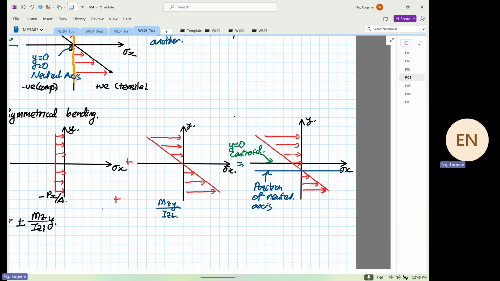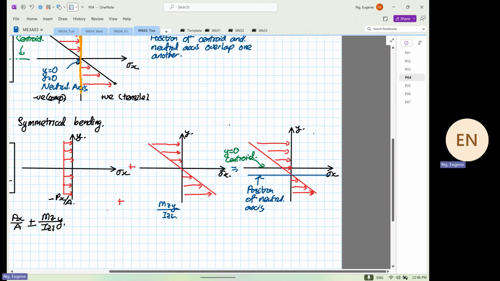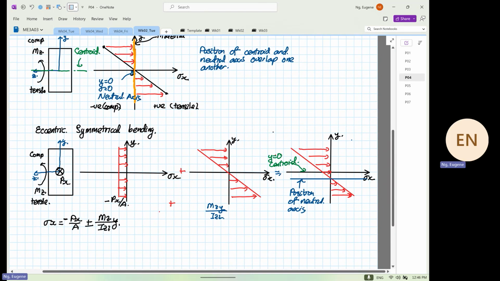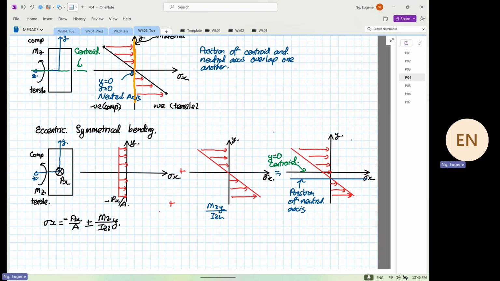Centroid. Okay, so for this case, where we have eccentric symmetrical bending, we realize that the centroid and the neutral axis are not the same. A lot of times you see other examples, they'll say it's the same thing. No, it's not the same. Are we clear? Okay, we have to clarify this.